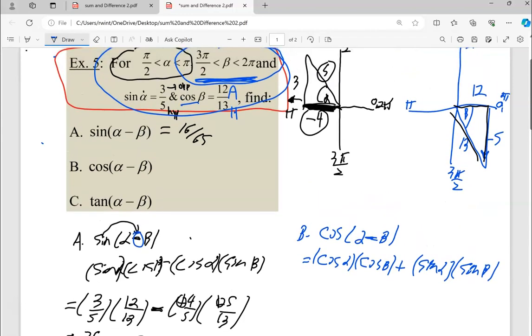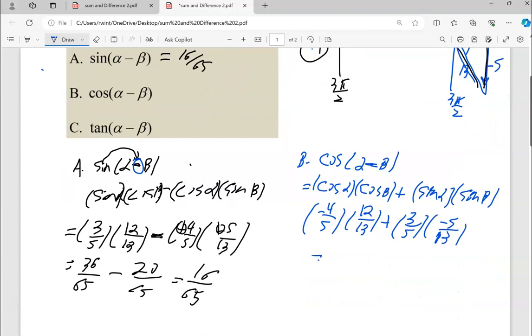And then I'm going to go right back to the pictures. That's why I said this was so important. Cosine alpha, adjacent's negative 4 over 5. Cosine of beta, adjacent over hypotenuse, 12 over 13. Sine alpha, 3/5. Sine beta, negative 5 over 13.